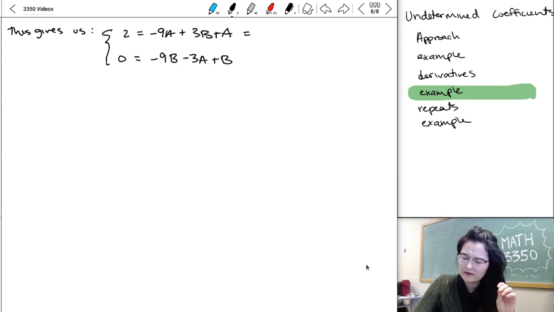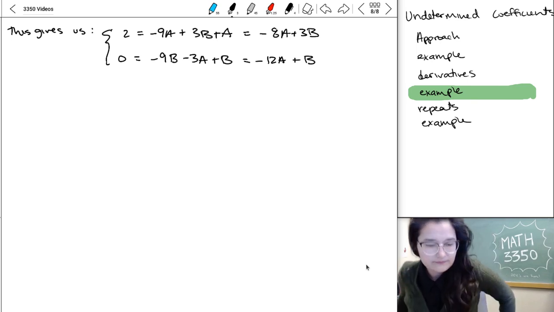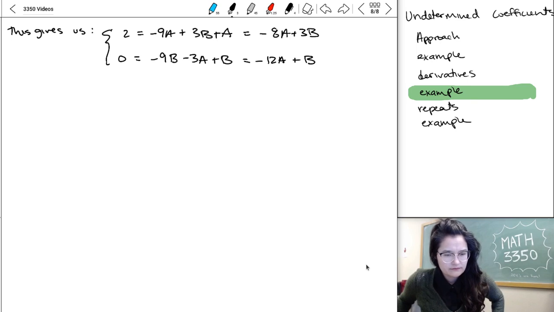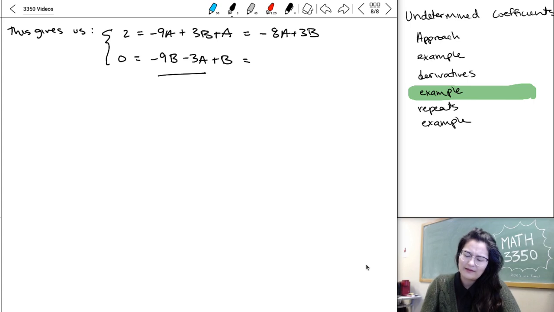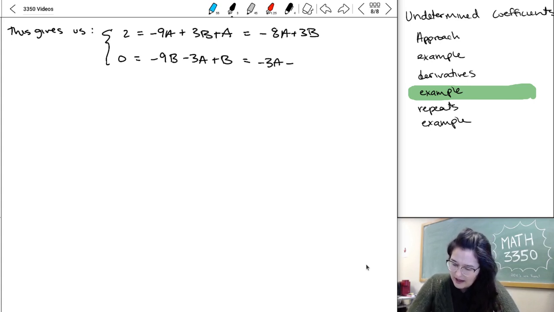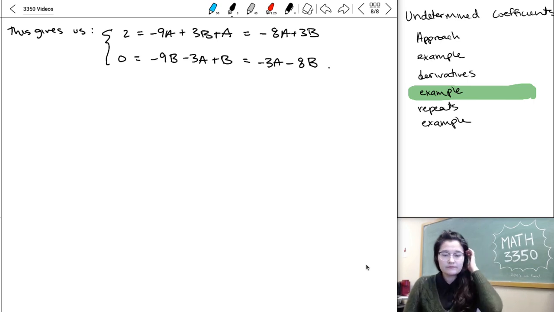And just simplifying those, this becomes minus 8a plus 3b and minus 12a plus b. Oh, sorry, I combined b's and a's. I combined these two for an a term for some reason. It's minus 3a minus 8b, my mistake. And then we want to just solve these for a and b.